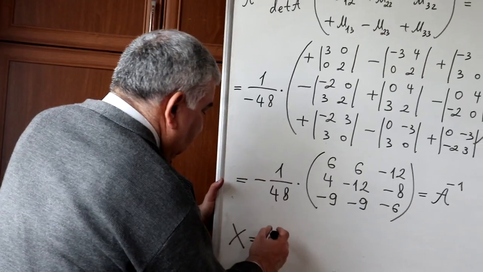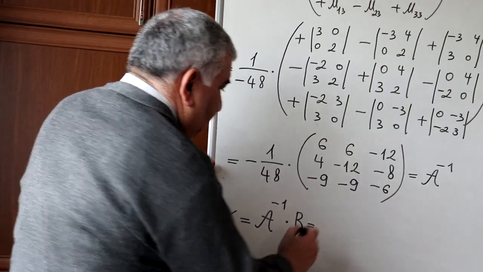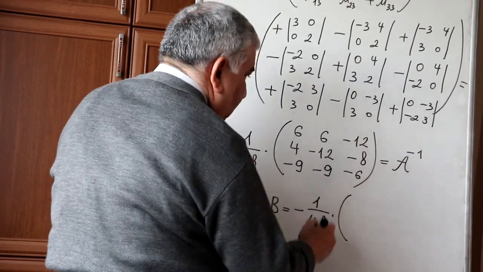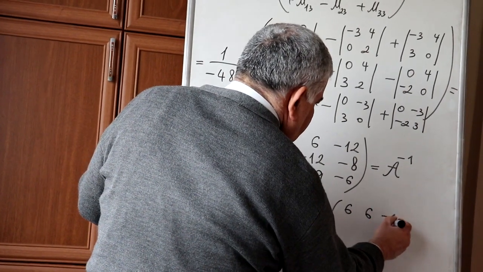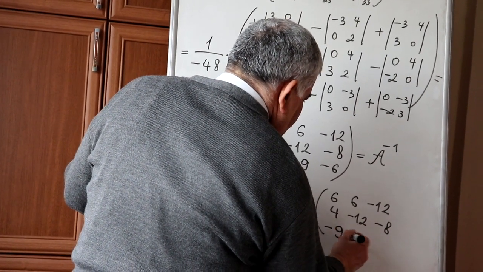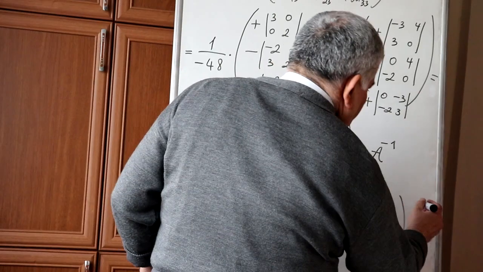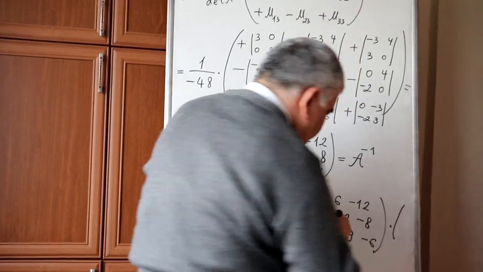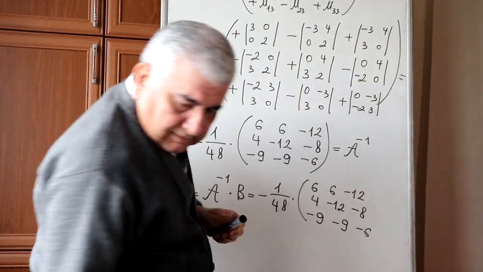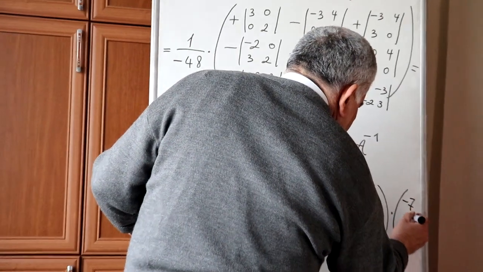X capital equals A super minus 1 multiplied by B equals minus 1 over 48 multiplied by matrix 6, 6, minus 12, 4, minus 12, minus 8, minus 9, minus 9, minus 6, and multiply by minus 7, 7, 8.